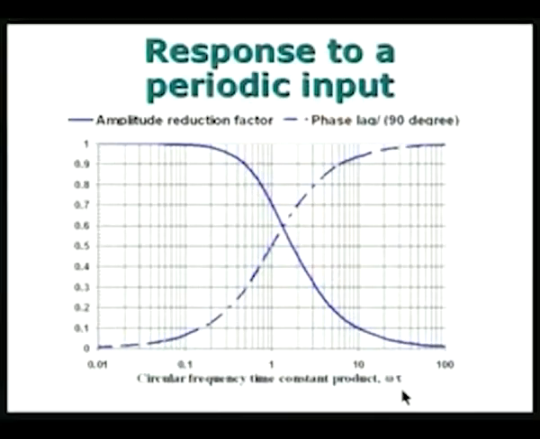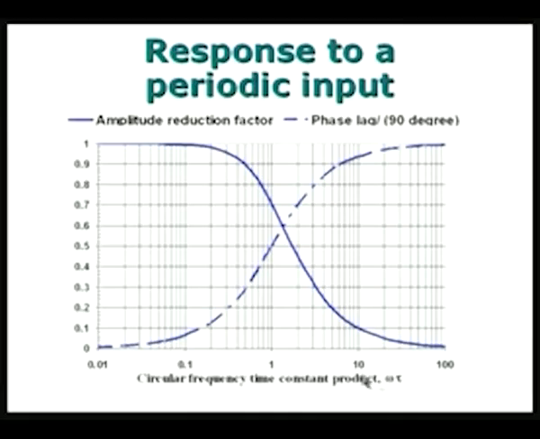The output is again a sinusoidal, that means there is no change in the shape of the variation with respect to time, only the size is changed, that is the amplitude is changed, and also there is a phase lag, that means that the response of the system lags behind the input which we are going to provide. The important parameter which is going to play a role in this particular case is the product of omega, the circular frequency, and the time constant tau, omega tau product.